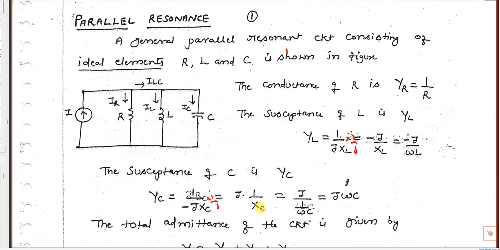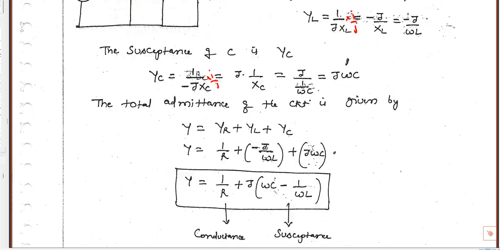XC is nothing but 1 over omega C, so omega C comes to the numerator. The susceptance of capacitance is j omega C, and the susceptance of inductance is minus j by omega L, in the case of the parallel resonance circuit.